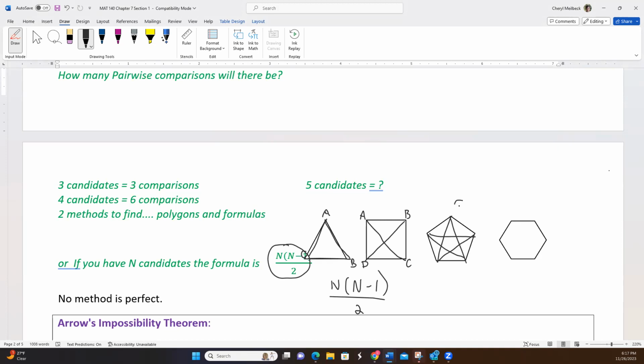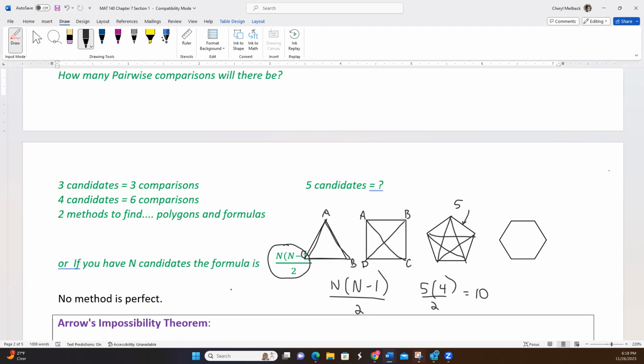So if we had five candidates, as we did in this shape, 5 would be n, times n minus 1, which is 4, and divide that by 2. So 20 divided by 2 is 10, and that's how many comparisons we said we would have here. We probably would not be looking at a 5-candidate comparison, but if we did, that's how we'd find out how many comparisons there would be.